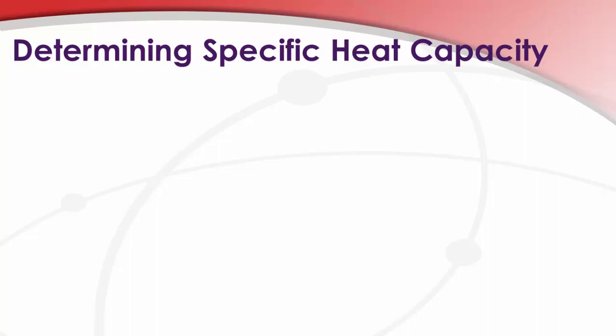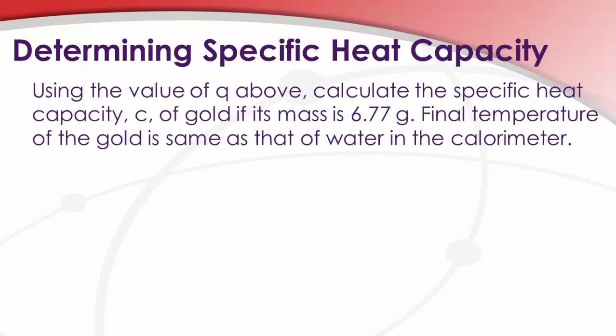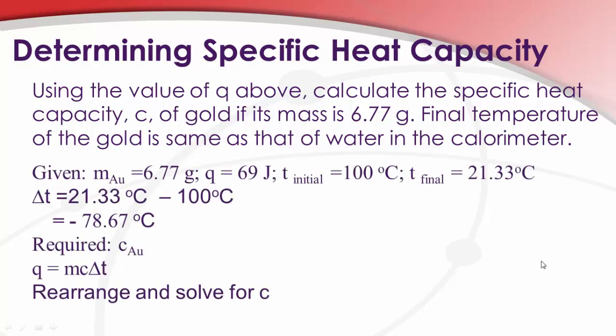So if we want to know the specific heat capacity of gold, all we'd have to do is turn the question around and say, okay, all the energy that was given to water had to have come from the gold itself. So if we wanted to calculate the specific heat capacity of gold, we'd simply have to weigh the sample. In this case, it was 6.77 grams, and realize that the final temperature of the gold had to be the same as the water in the calorimeter.